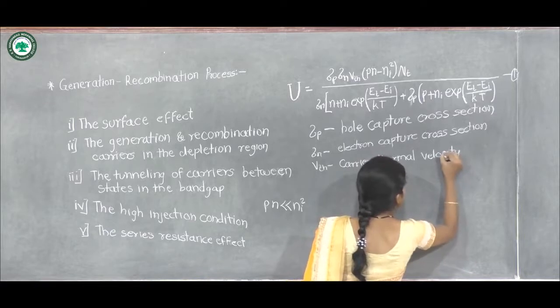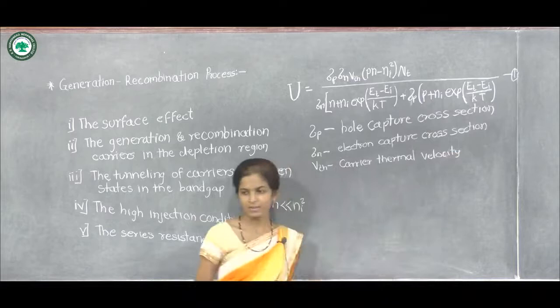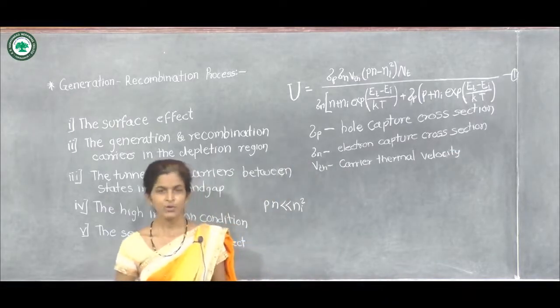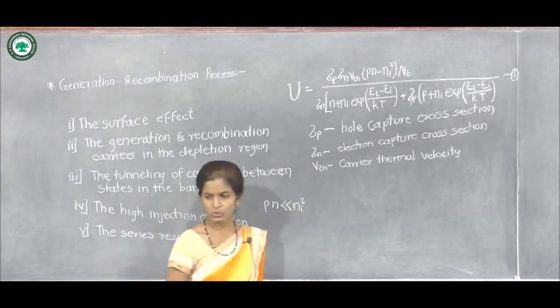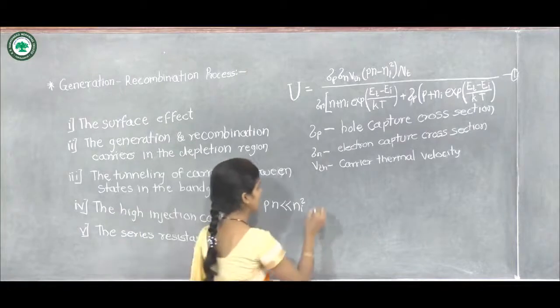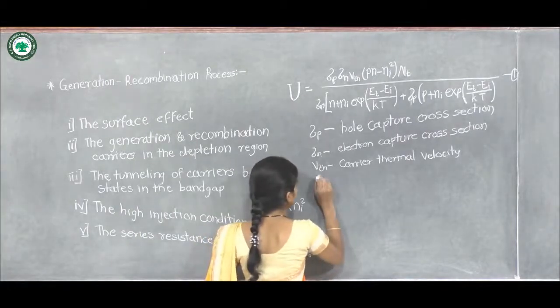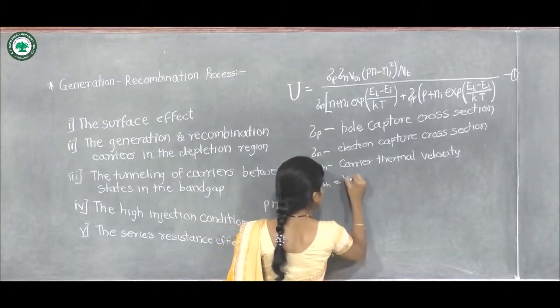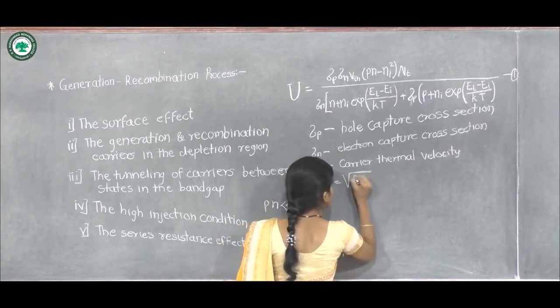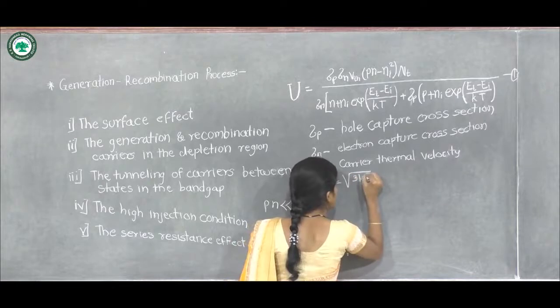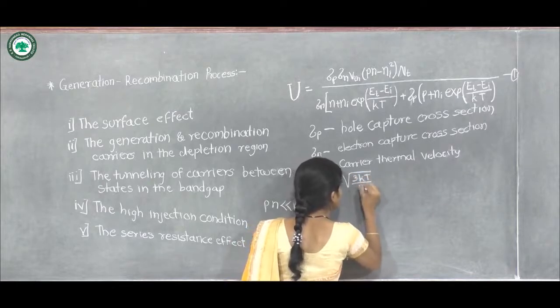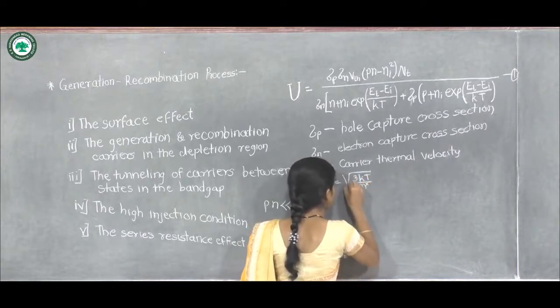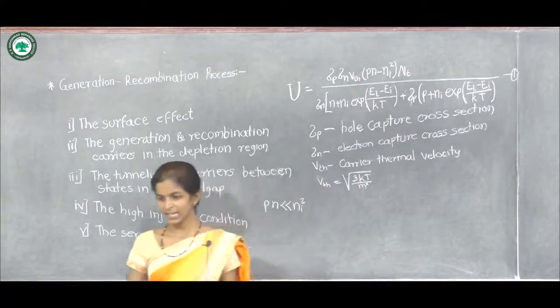The value of VTH is root of 3kT by m star, where m star is the effective mass of the charge carriers.